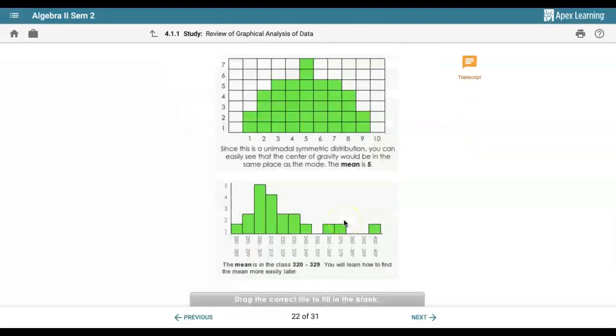If we look at this example, our mean value is actually going to end up being in this smaller box here. So if we take a look at this graph that we looked at, this is our mode.